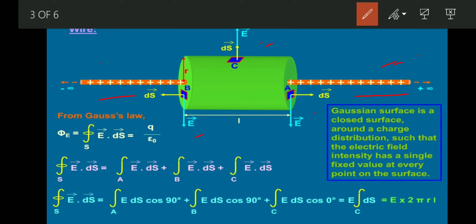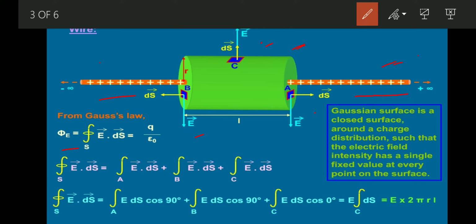It is perpendicularly outward. Now, to use Gauss's law, we first have to consider a hypothetical Gaussian surface. By symmetry, we will take it to be a closed cylinder, this green one, having radius r and length L. Now you are all aware of Gauss's law: electric flux is equal to the integral of E dot ds, which is equal to q upon epsilon naught.